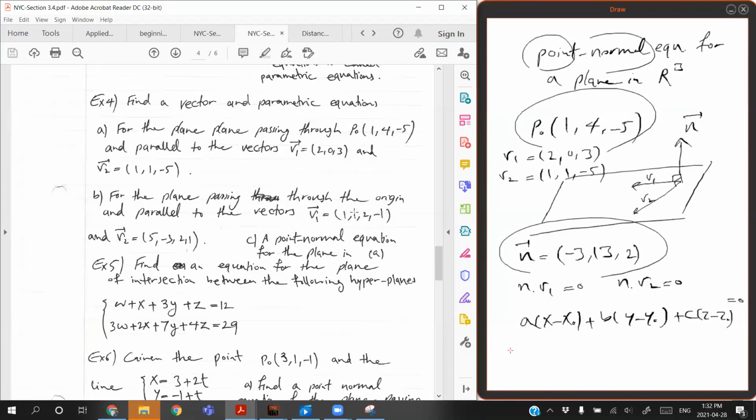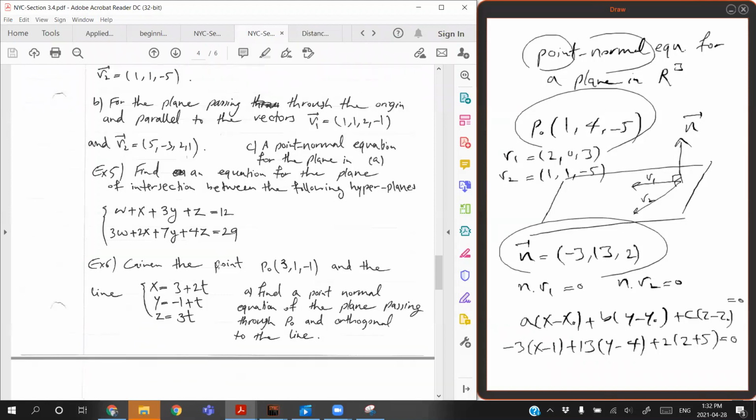So this one is going to be -3 times (x minus 1) plus 13 times (y minus 4) plus 2 times (z plus 5) is equal to 0. And then I can just expand this and write that in the form ax plus by plus cz equals d. I'm sure we can do that part. So I'm going to just move on to the next example.